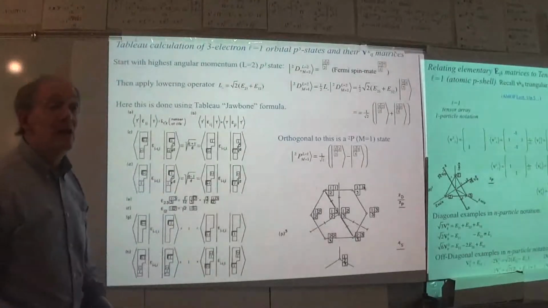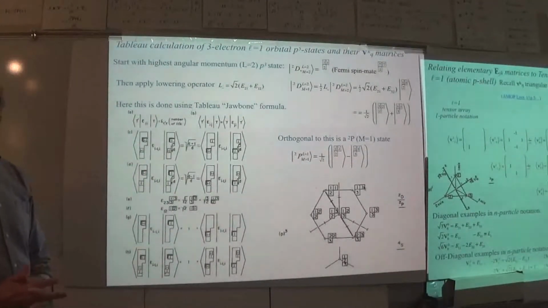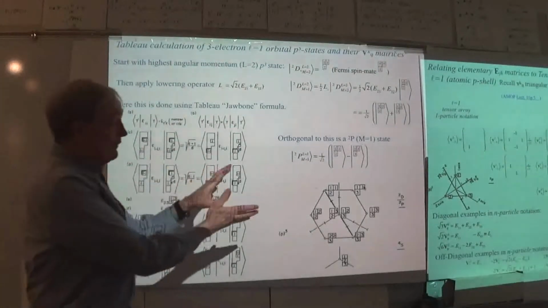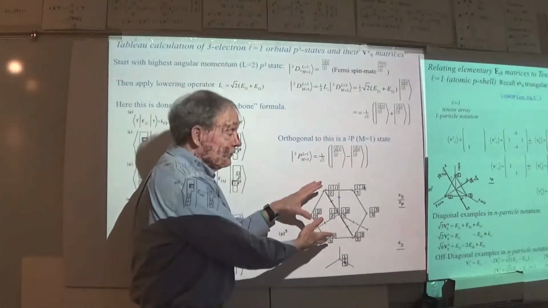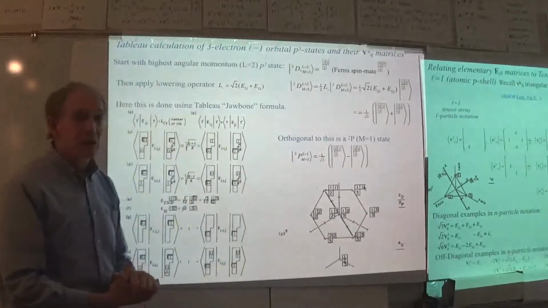So are the tableaus stand-ins for irreducible representation? Basis of irreducible representation. Basis. This is an irreducible representation of dimension 8. Yes. And these are the states that base it, the base states of it. Does that make sense?